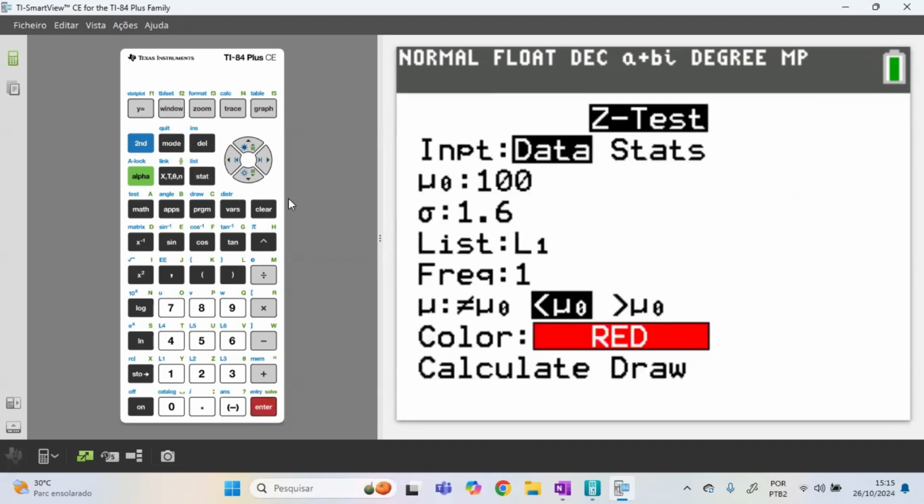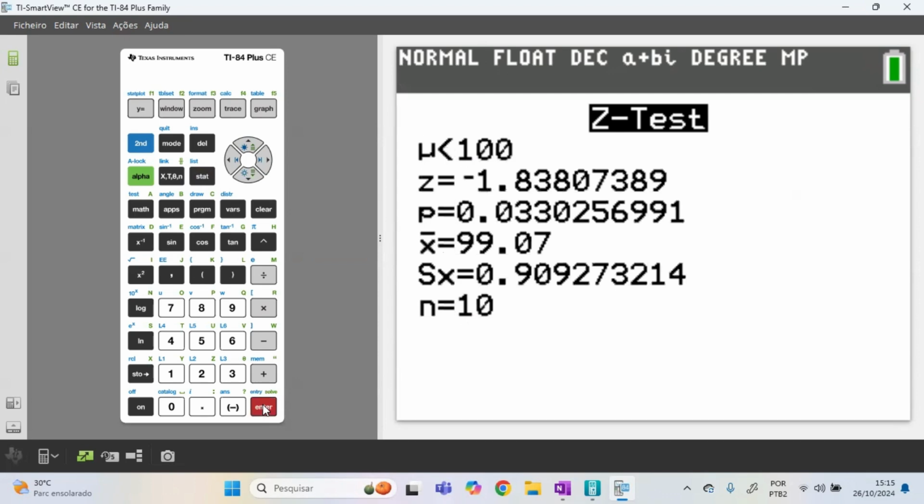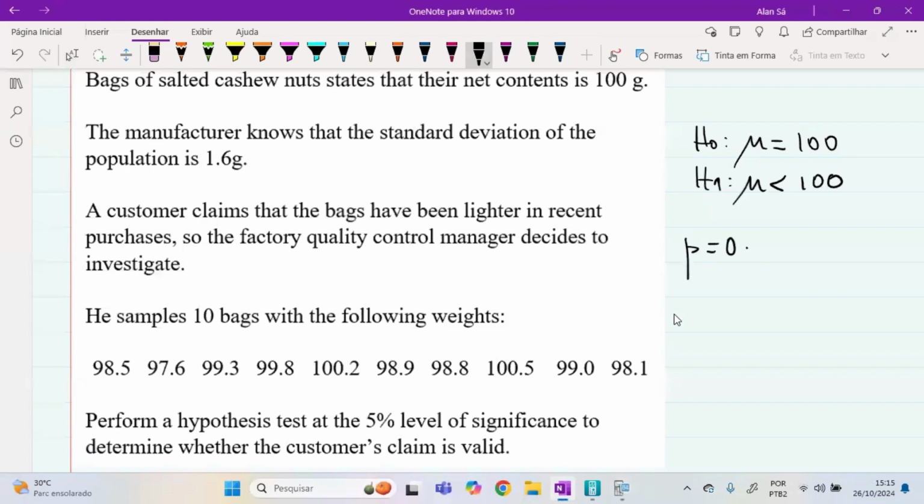Then the calculator is going to get the information from list one. So we just put 100 and the population standard deviation. The same hypothesis, so we just calculate. In this case, the p-value is 0.00330.